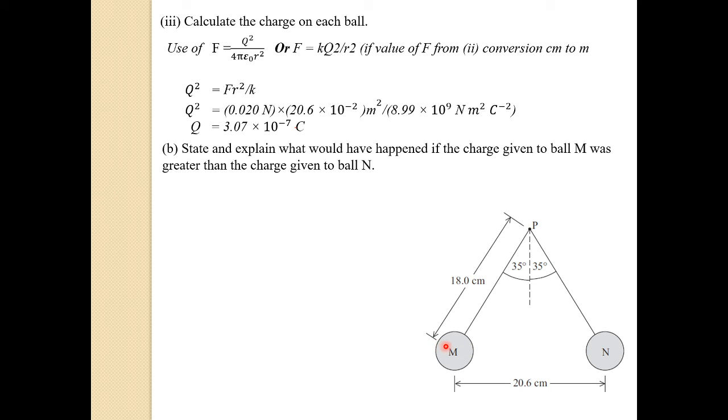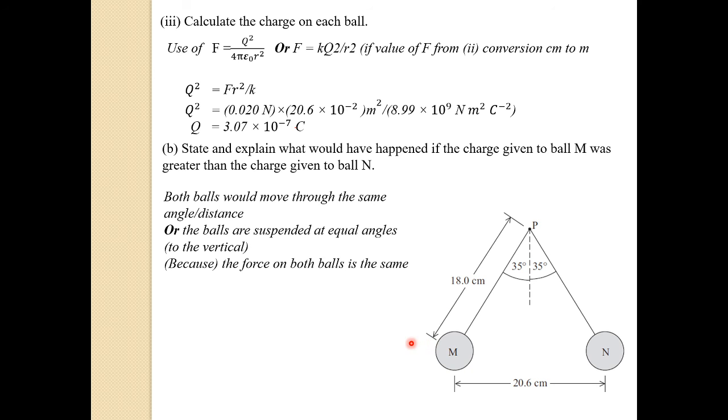As a Newton's third law pair, the force on N is equal to the force on M by N. So the force will increase on both, and the angle will increase. The balls are suspended at equal angles, so this angle will be more than 35, and this also more than 35, similar with the vertical.